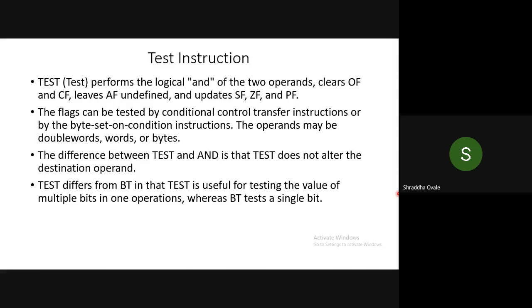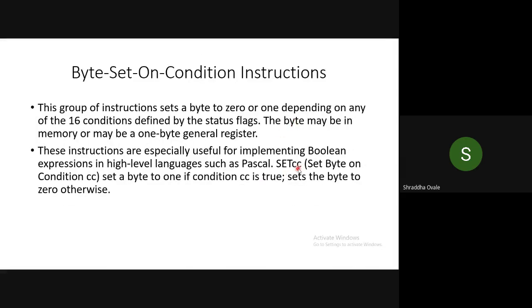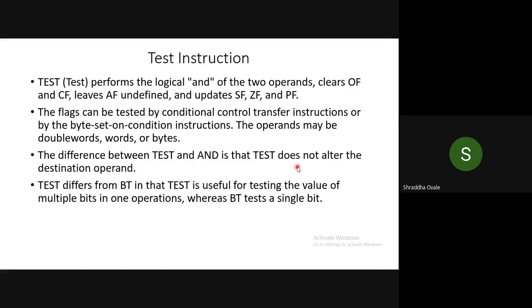Means what? A very important thing is that you can use this test instruction only after the execution or implementation of this SETcc, or without SETcc you cannot use this test instruction. It is clearly mentioned over here. See, the flags can be tested by conditional control transfer instructions or by the set byte on condition instructions.